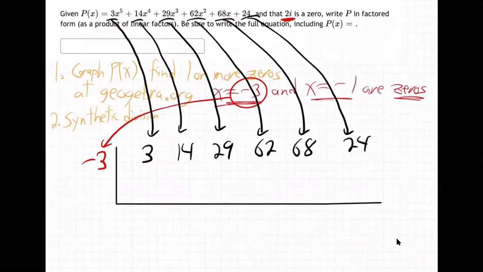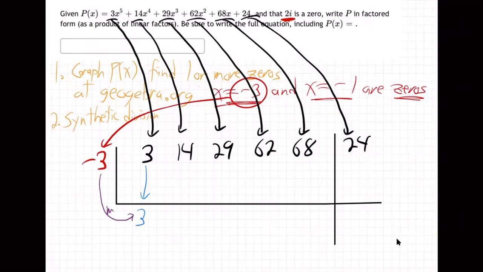Okay, and you know how this is going to work. This last spot is going to be the remainder 0. Okay, what do you do? Remember what you do. You bring this guy down, and then you multiply. Multiply and write the answer right there. Minus 3 times 3 is a minus 9, and then you add them up.